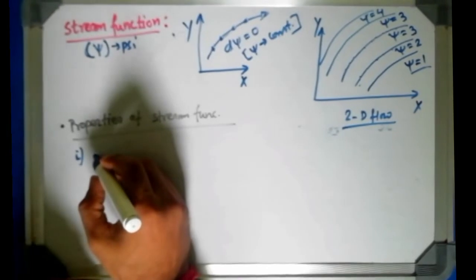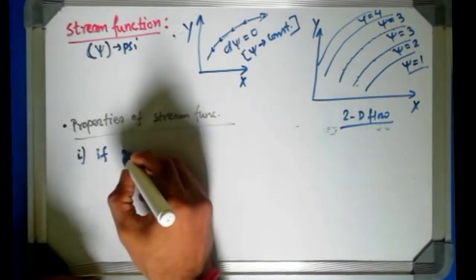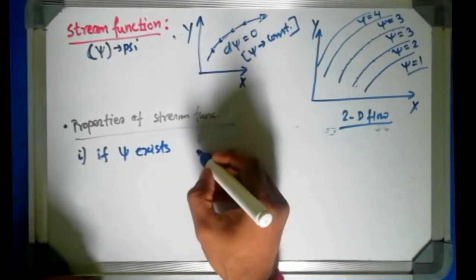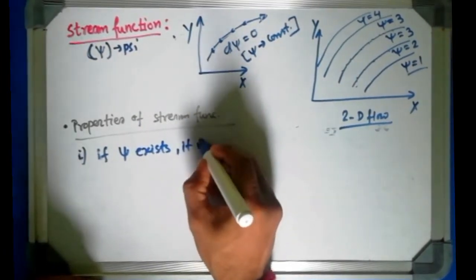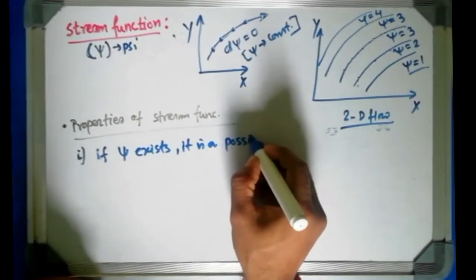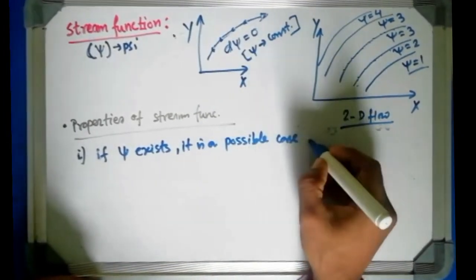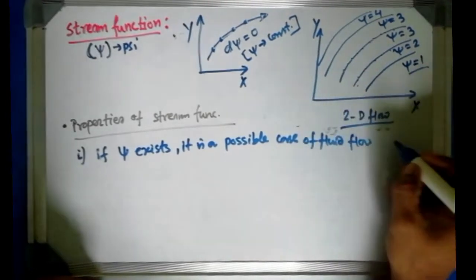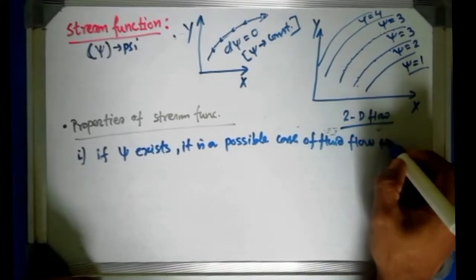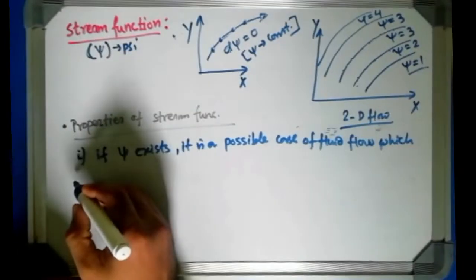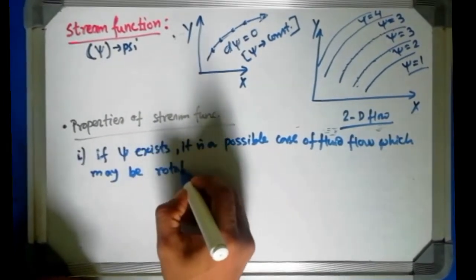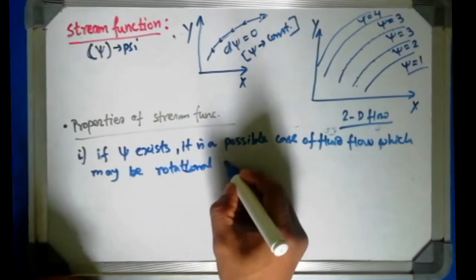But for now I can write that if stream function, that is psi, exists, then it is a possible case of fluid flow which may be rotational or irrotational.